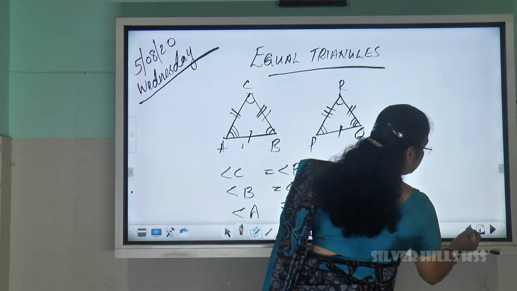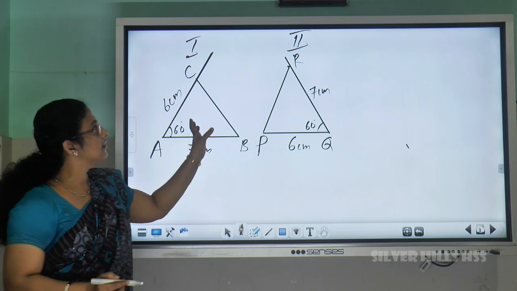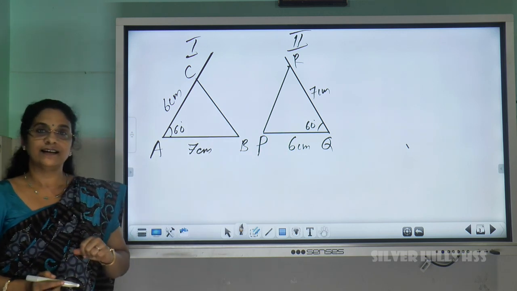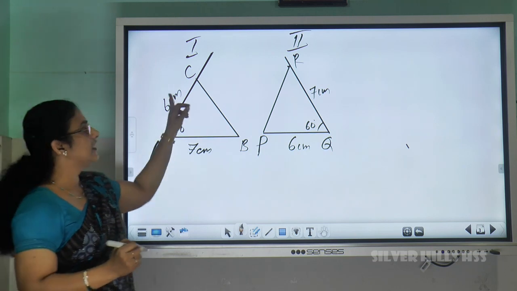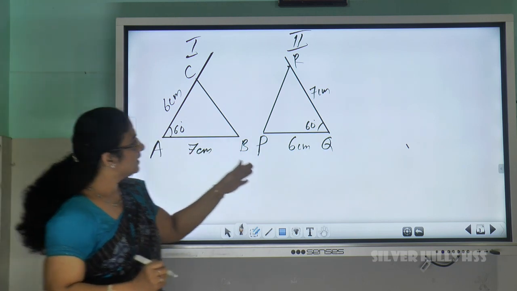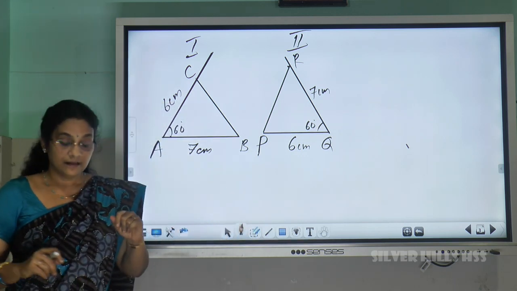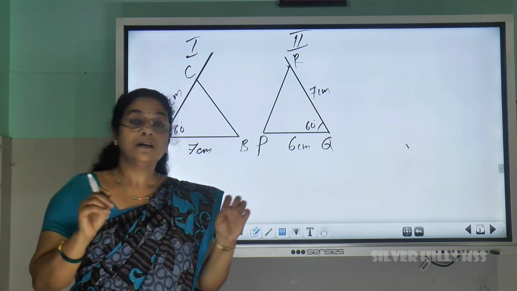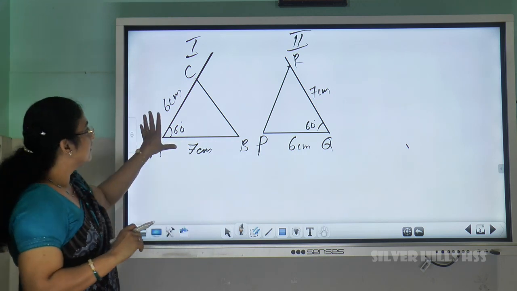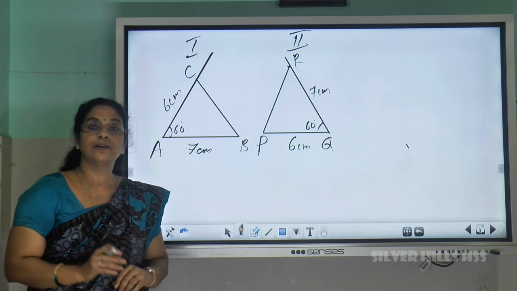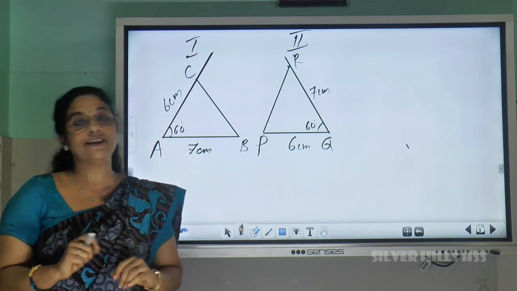For the second property, before discussing, see children, here there are two triangles. The first triangle is triangle ABC and the second triangle is triangle PQR. If you look at the board, in both the triangles, two sides and the included angle are given.